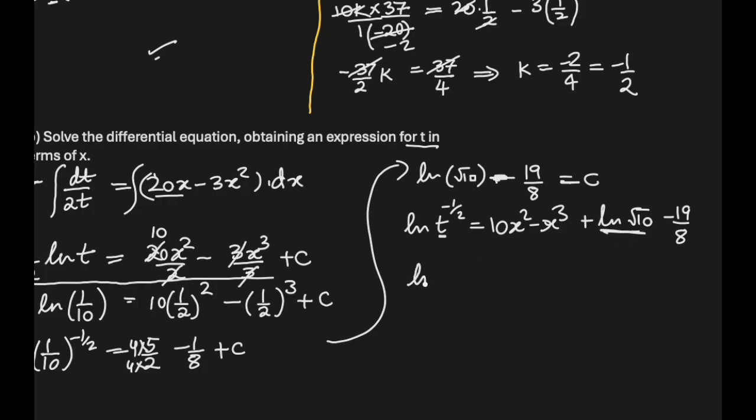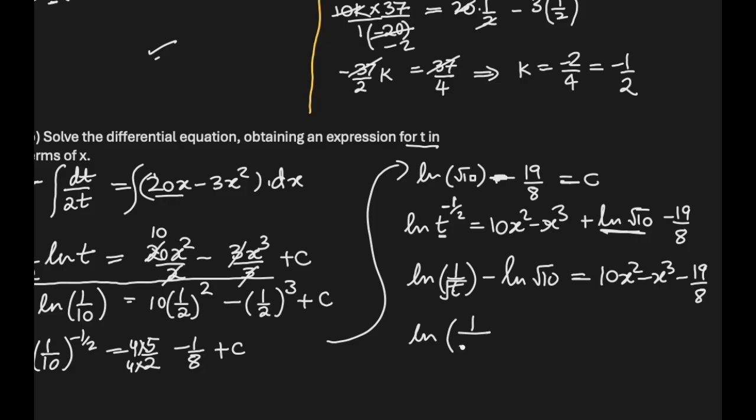So it will be natural log 1 over square root t rather. Why? Because this minus has to become positive, and for that it has to become denominator. So minus natural log square root 10, this came here, equal to 10x square minus x cube minus 19 over 8. And now these natural logs will become this divided by this, which means it will multiply with here.